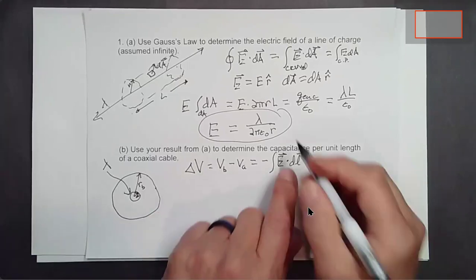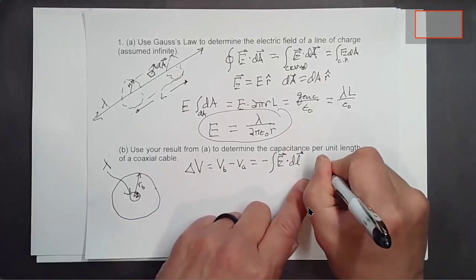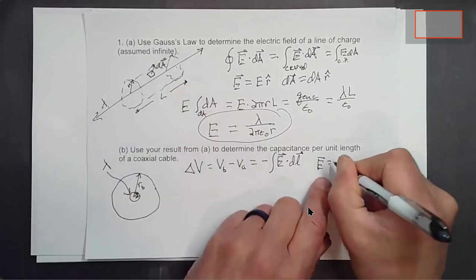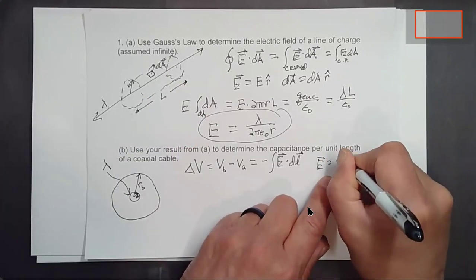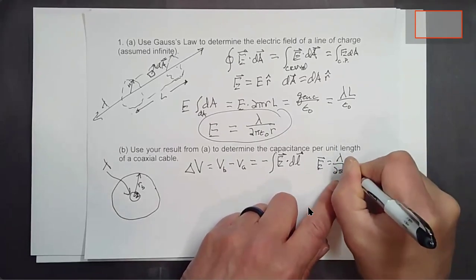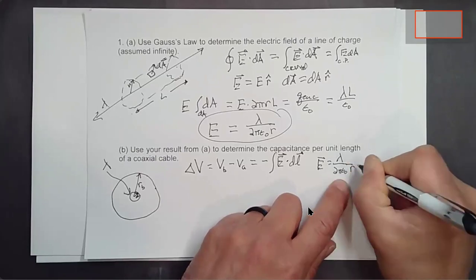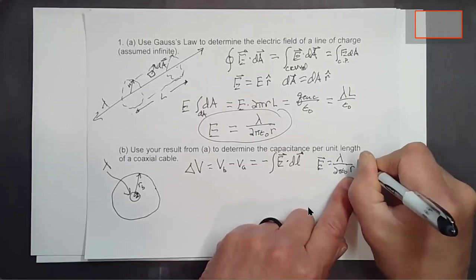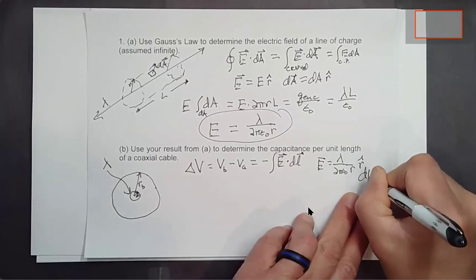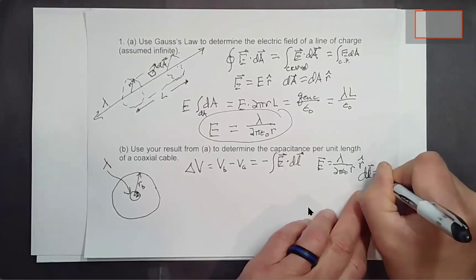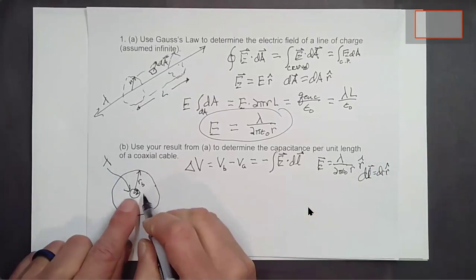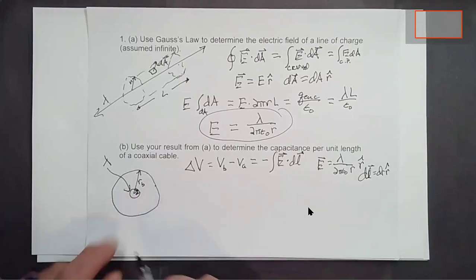Okay, well, the electric field, if I write it as a vector, something similar to what I did in part A is going to happen here. I'll have lambda over 2 pi epsilon naught, got an r down there as well, and that's in the r hat direction. dl is going to equal dr in the r hat direction as well, because I'm just integrating on a straight line here.